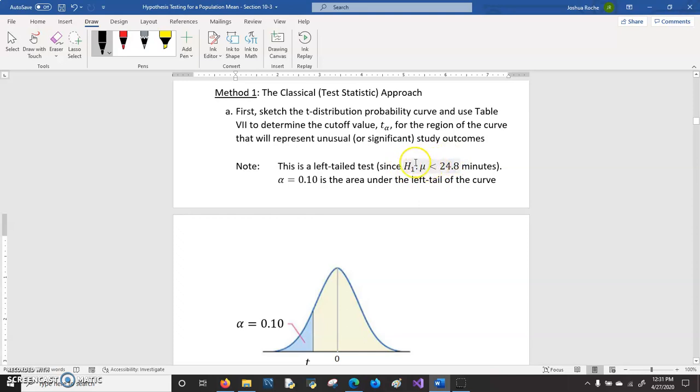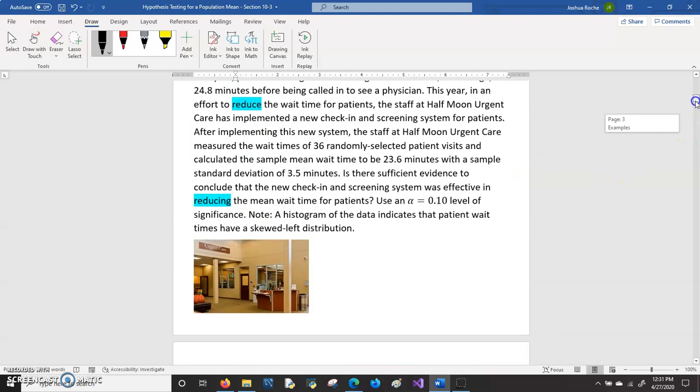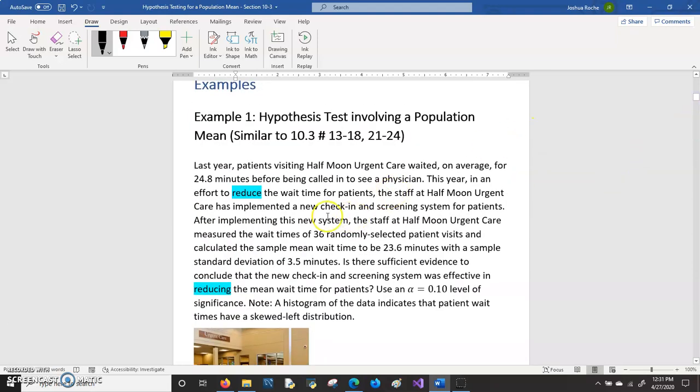And in the last video, I didn't really emphasize why this is less than and why this is a left-tail test. Remember that in the description of the hypothesis and the study, the staff implemented this new check-in system because they wanted to reduce the wait time for patients.